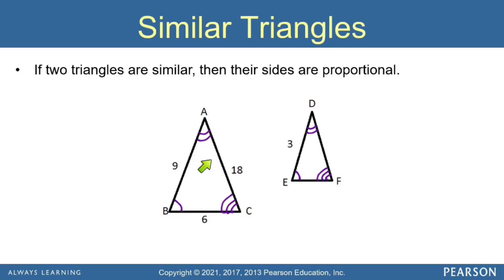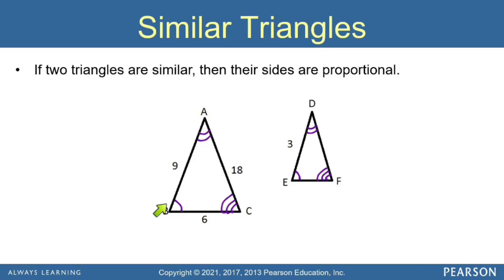We know these two triangles are similar because angle B is congruent to angle E, angle A is congruent to angle D, and angle C is congruent to angle F. So that right there tells us that these two triangles are similar, and if they're similar, then their sides are proportional. And that means that whatever multiplication or division relationship there is between two corresponding sides, the other pairs of sides have to have that same relationship.